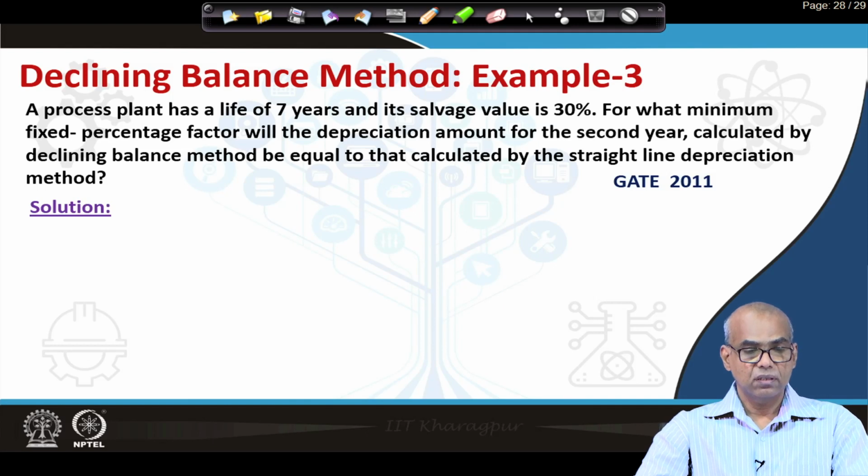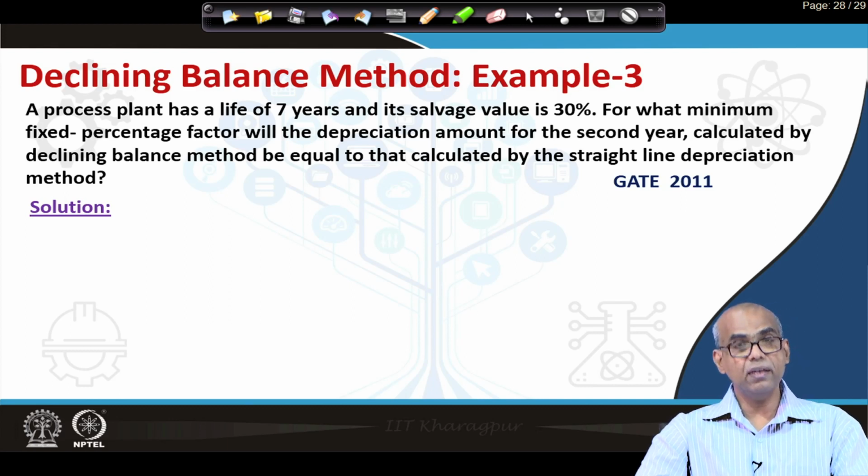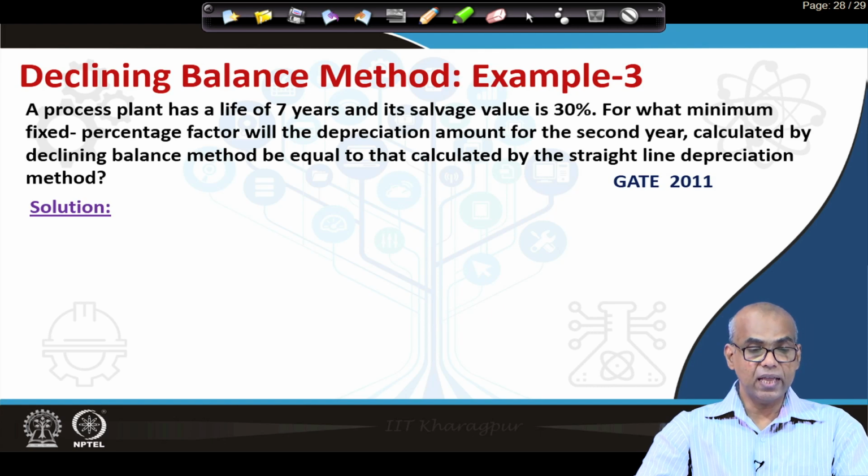A process plant has a life of 7 years and its salvage value is 30%. For what minimum fixed percentage factor will the depreciation amount for the second year calculated by the declining balance method be equal to that calculated by the straight line depreciation method?